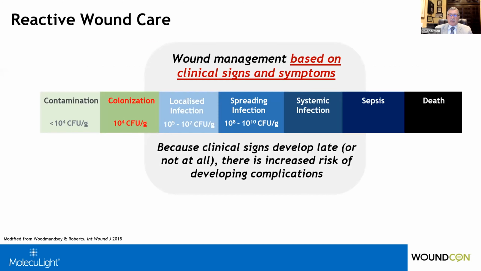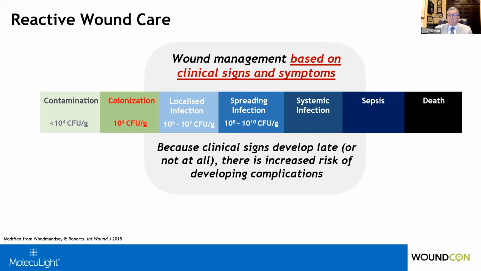So when we look at the spectrum of bacterial involvement in the wound, this is what it looks like. We know wounds are not sterile, so there's always some contamination in a wound. When that colonization reaches the level of 10 to the fourth, we know from some outstanding studies that that starts to impede the ability of that wound to heal.